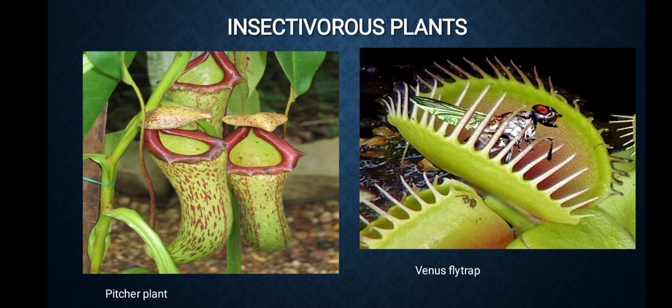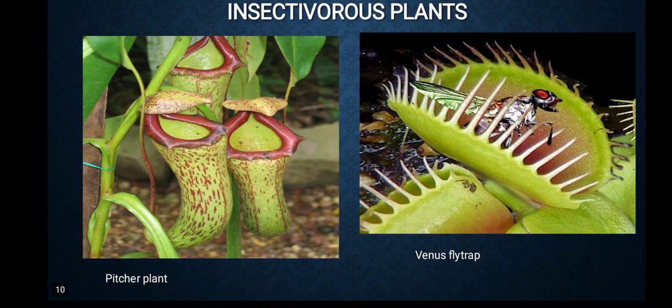In insectivorous plants, students, like animals, some plants also feed on small insects and have developed a special method to capture their food. Okay. Such plants are green and partially autotrophic and partially heterotrophic.